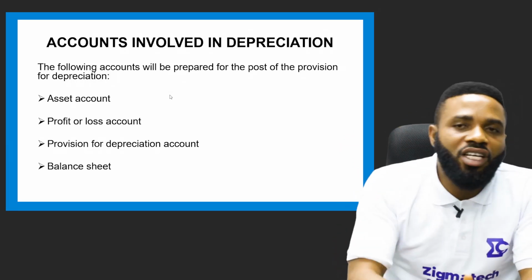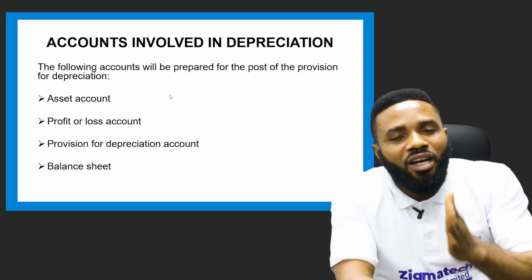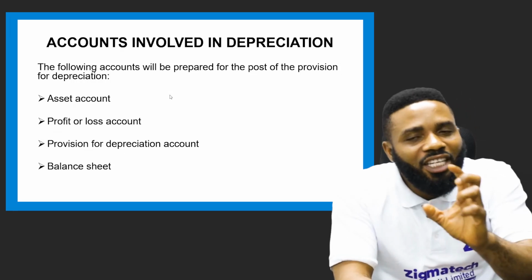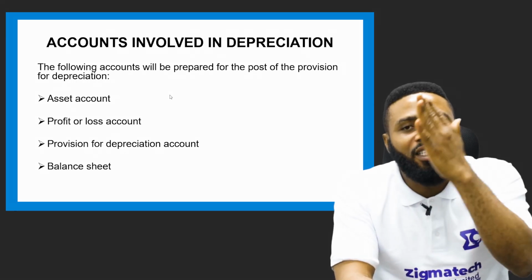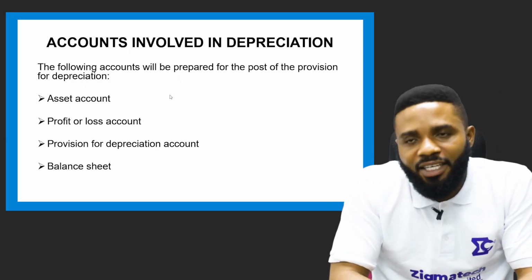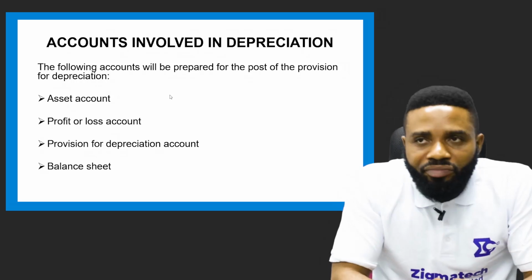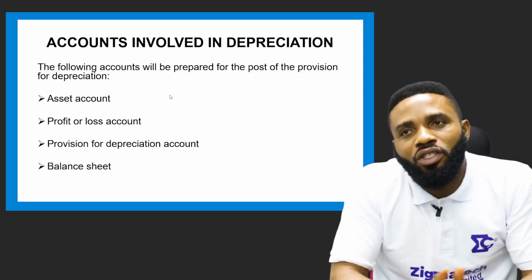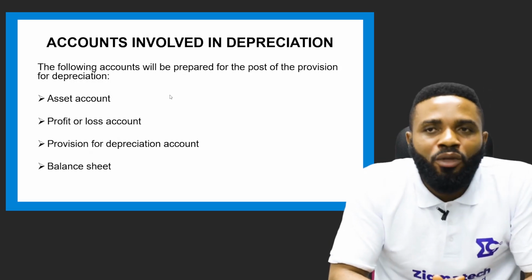So their balance sheet will always give you that picture of the asset you have, the cost of the asset, the depreciation, and the net book value of the asset. So far we have looked at the methods involved in calculating depreciation.